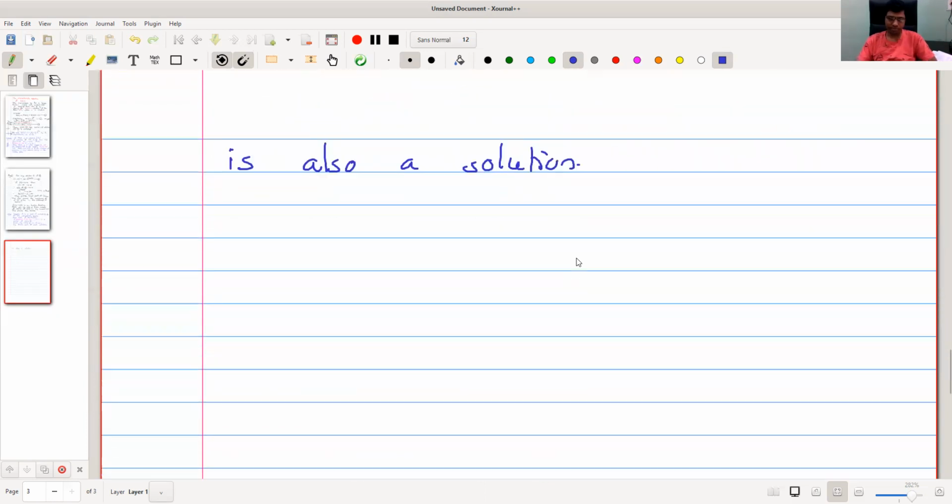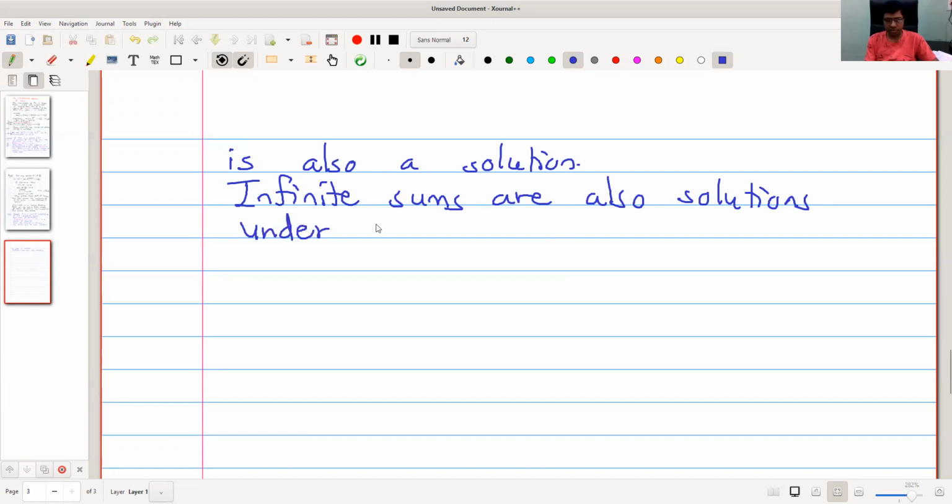So infinite sums are also solutions under suitable conditions to ensure convergence. That means if the series is convergent, then we can use such an infinite sum as a solution.